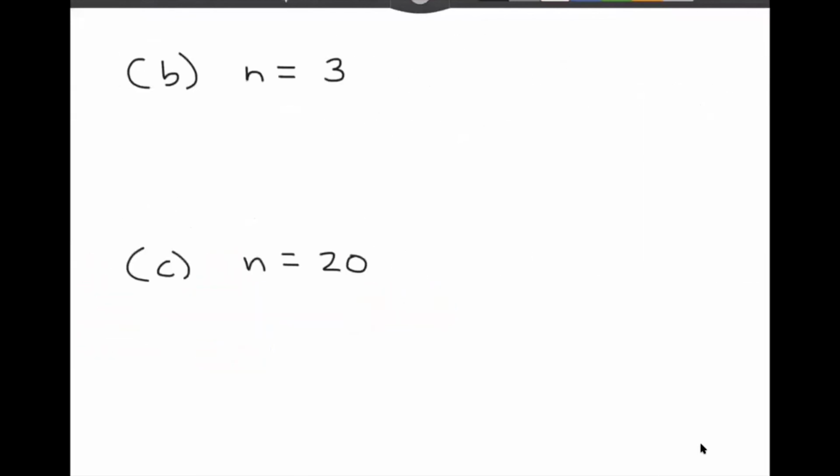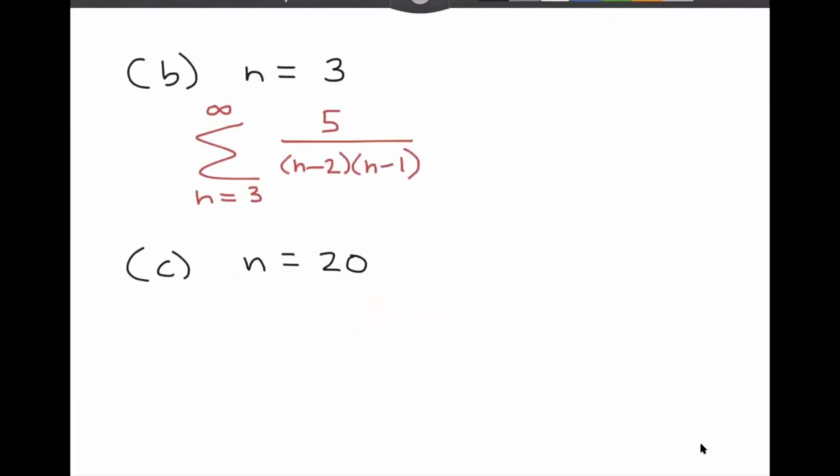If you want to start it at n equals 3, the sum n equals 3 to infinity, we want the first factor to be a 1. So why don't we go n minus 2? And you want the second factor to be a 2, so why don't we make that n minus 1?